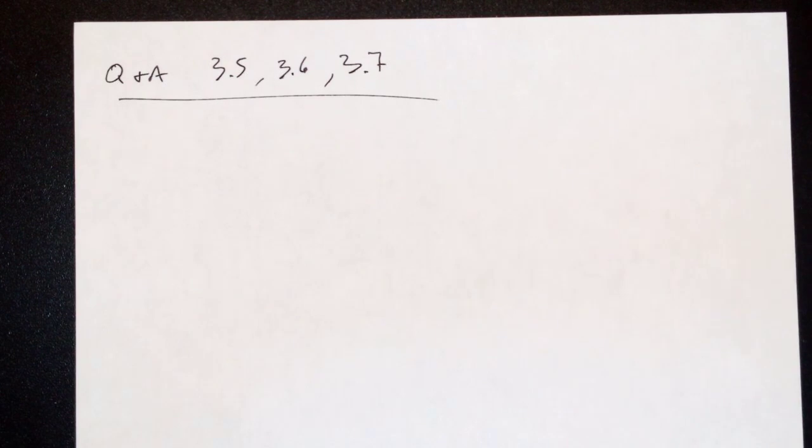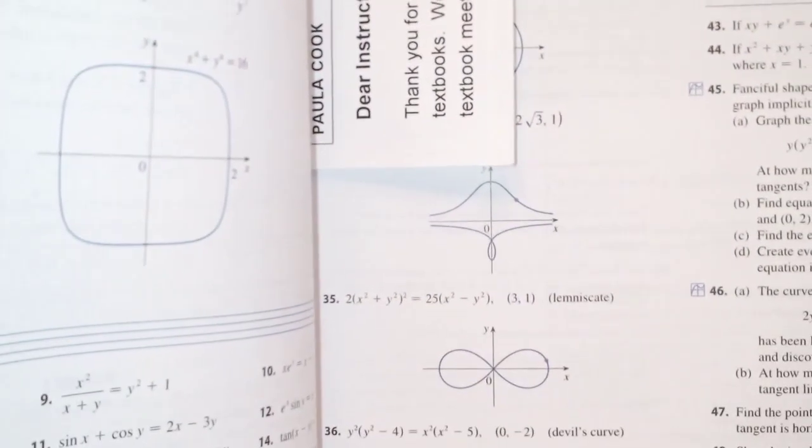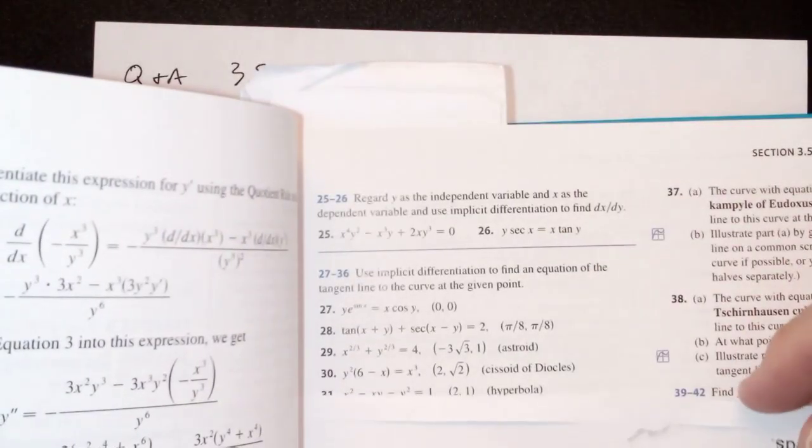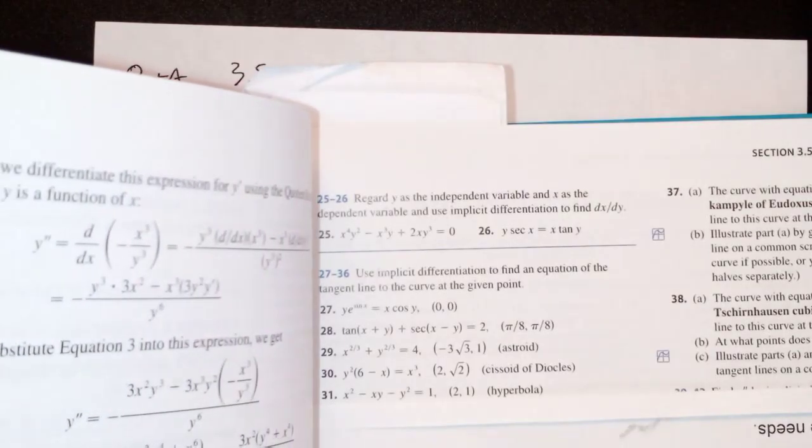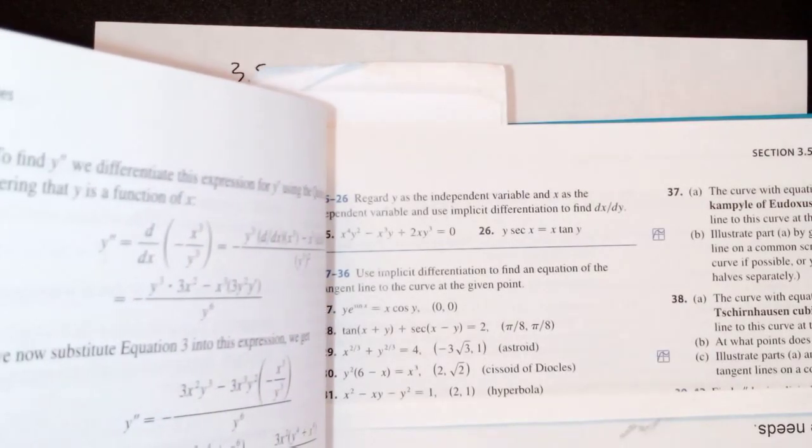So let's take a look at 3.5, number 35. So we have this ugly one here, 31. So not just the first, but the second and the third. Okay.